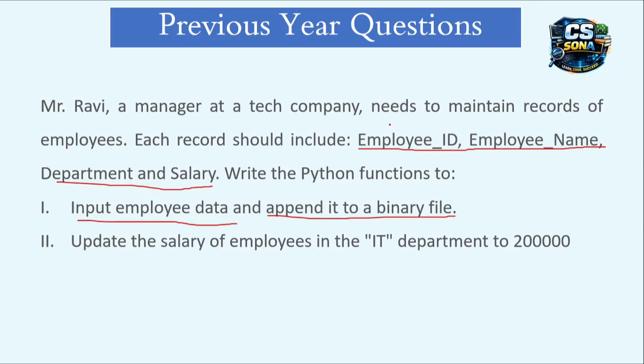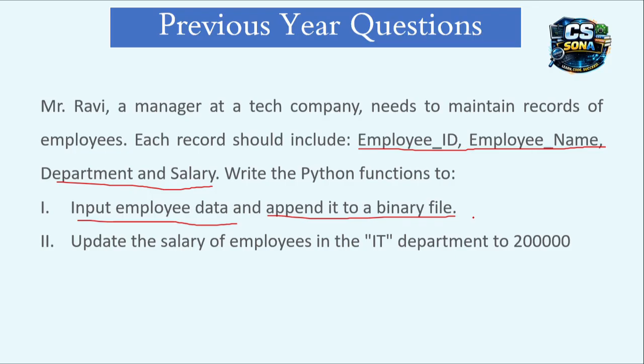So there is a tech company that needs to maintain records of employees. From this question we have to understand that there is already a file, and inside the file data is stored in this format: employee ID, employee name, department and salary. Now what we have to do is take input and append it into the binary file.